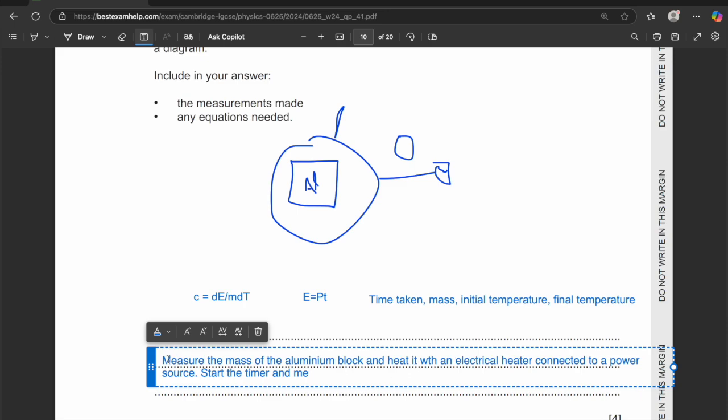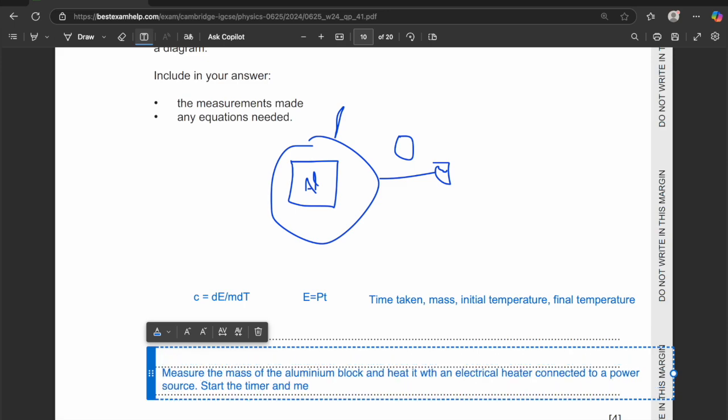So we will measure the initial temperature of the aluminum block firstly. Then measure the mass of it.